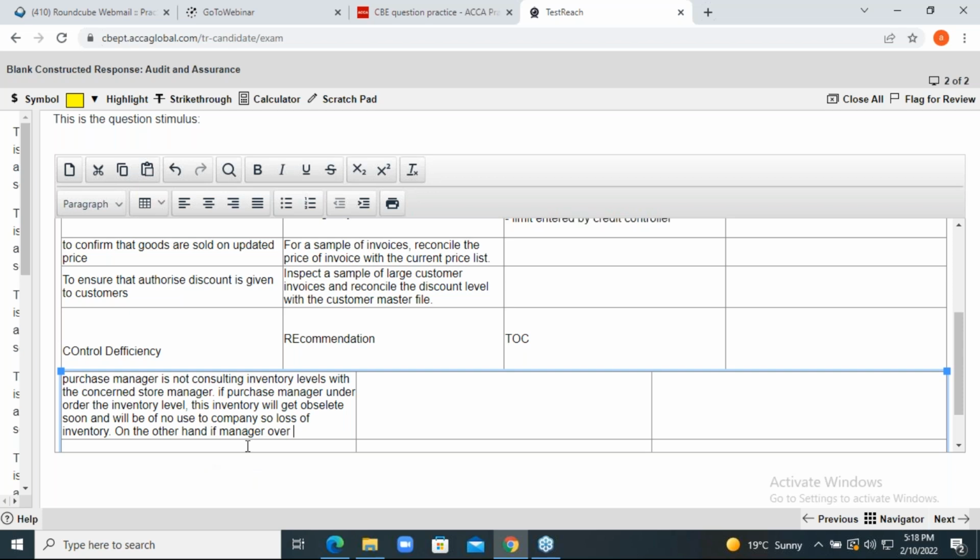So on the other hand, if the manager under orders the inventory level, what effect will it have? You need to explain the effect. You need to discuss the impact of this on the organization's achievement of objectives. So what will happen as we have less inventory available for us?